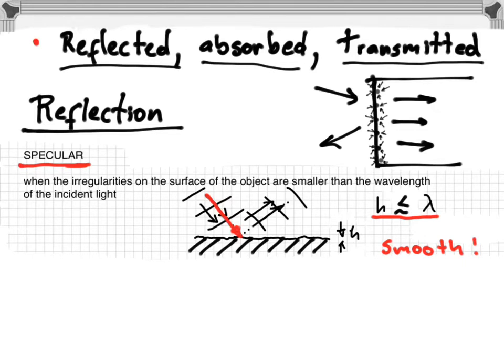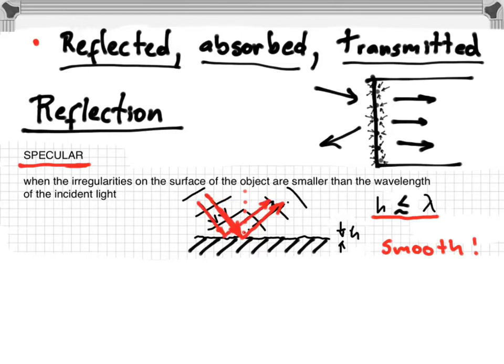For a smooth surface, an incident light ray is going to be reflected in a very predictable way. We're going to say in the next slide that the angle of incidence equals the angle of reflection. It's a very simple, predictable way in which the light ray is going to be reflected.